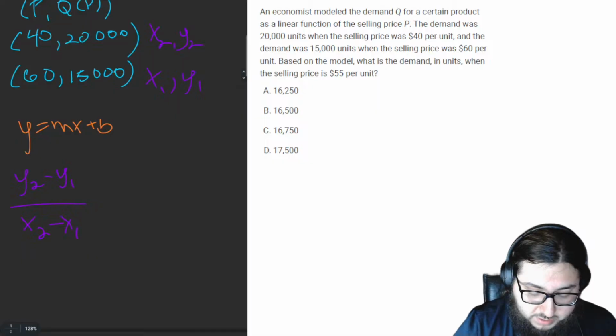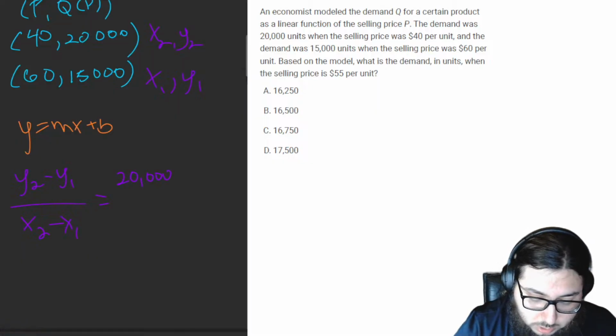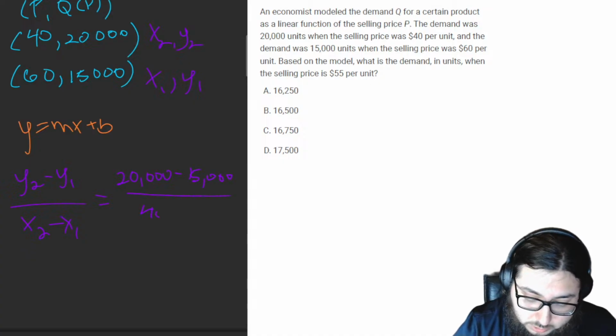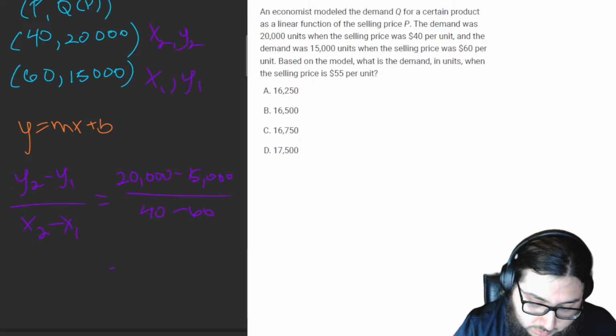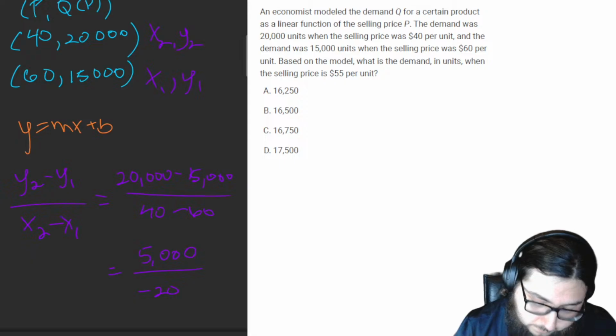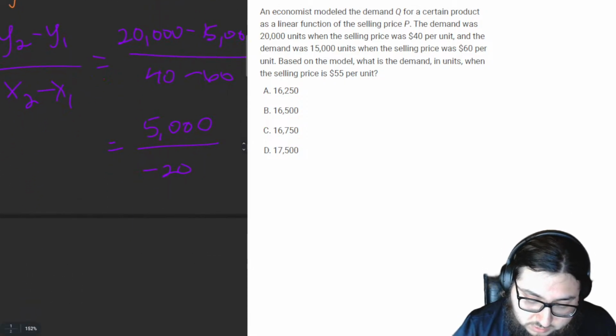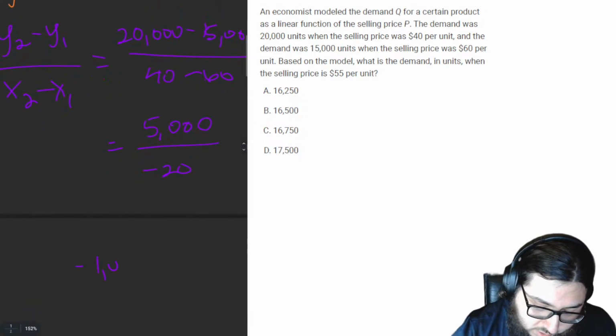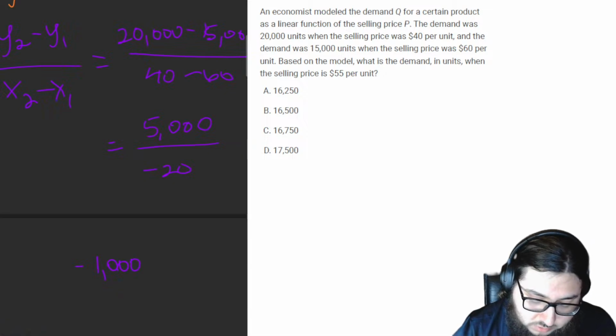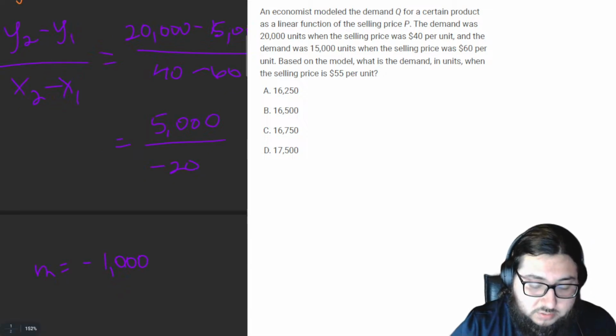So we'll have that 20,000 minus 15,000 over 40 minus 60. This is equal to 5,000 over negative 20. This gives us negative 1,000. So our slope is negative 1,000.